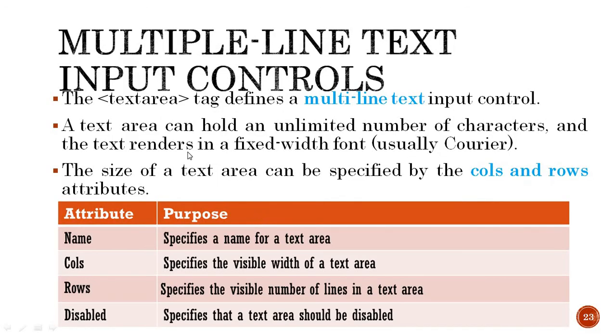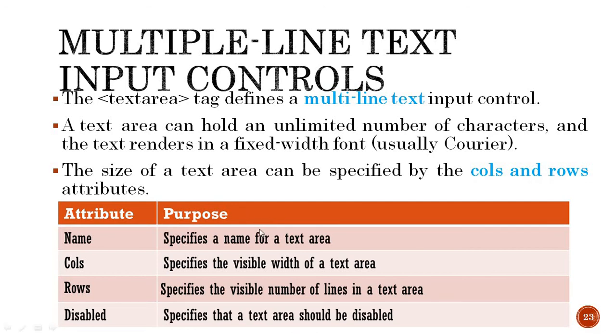Next are the multi-line text input controls. This is done with the help of the textarea tag. It defines a multi-line text input control. It can hold an unlimited number of characters, and the text renders in a fixed width font, usually Courier. This is the font which is used for the text area.